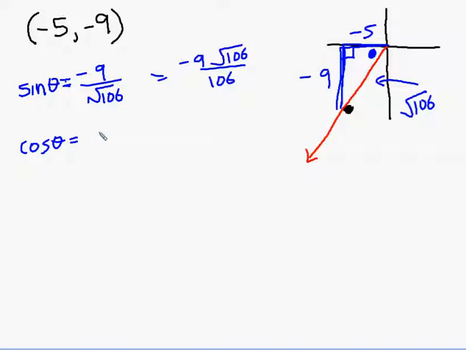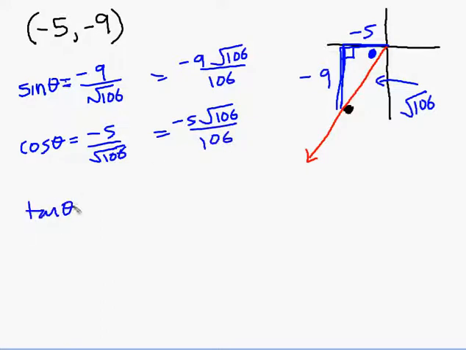There goes 5 over root 106. And we'll always move our negatives up to the numerator if necessary. Rationalize. All right, how about tangent? Yeah. They wouldn't be negative, but it'd be reduced.